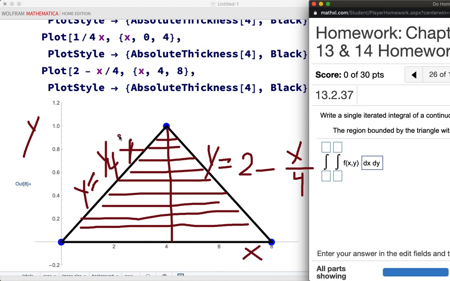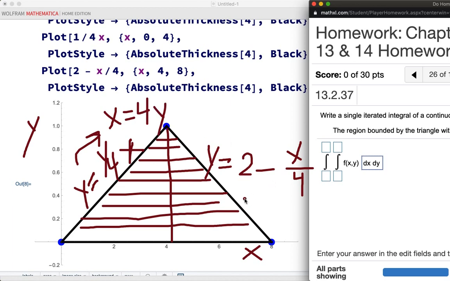I'm kind of running out of room here to write. This would be a lot easier on a whiteboard. This becomes, if I multiply both sides by 4, x is equal to 4y.